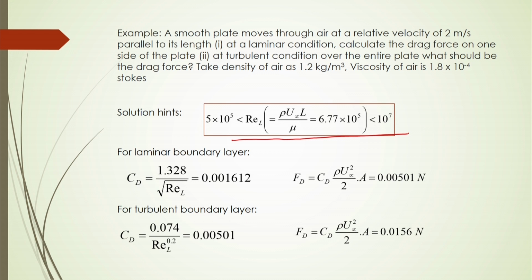You first have to find the Reynolds number. It is observed to be 6.77 into 10 to the power 5, which is within the range of these conditions.